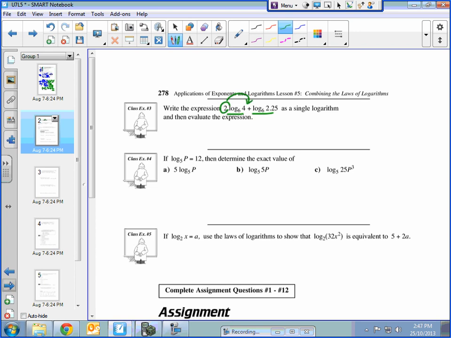Okay, so we're making that an exponent, so I have log of, can I skip a step here and just go 4 to the exponent 2 and write it as 16? If I write this as 16, does everyone agree with that?